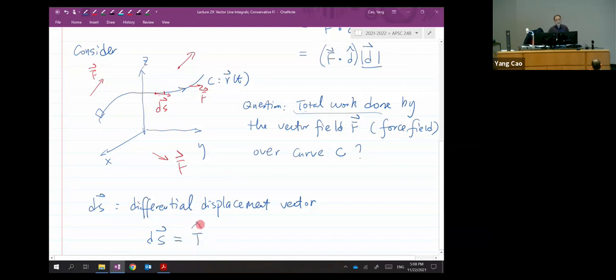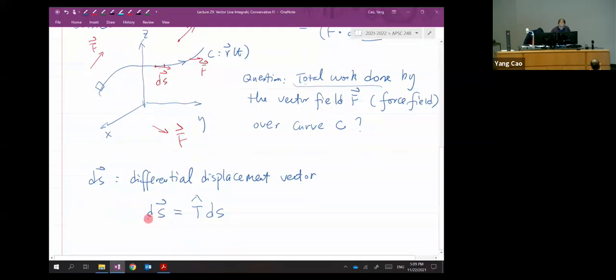The direction is the tangent vector along this curve C. And for the magnitude, I'll use ds, the amount of arc length, or segment of curve length. So this is the definition of the ds vector as t hat ds. Of course, it's a differential.